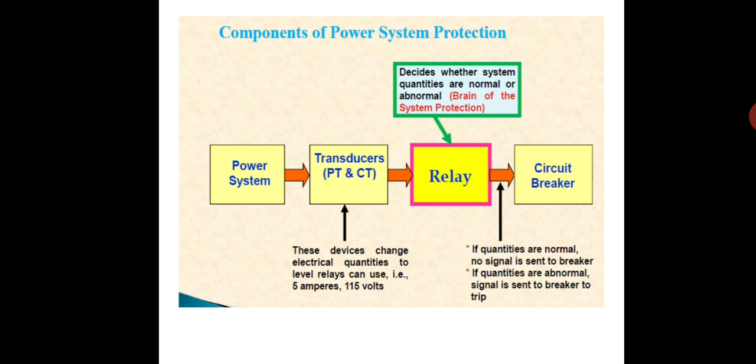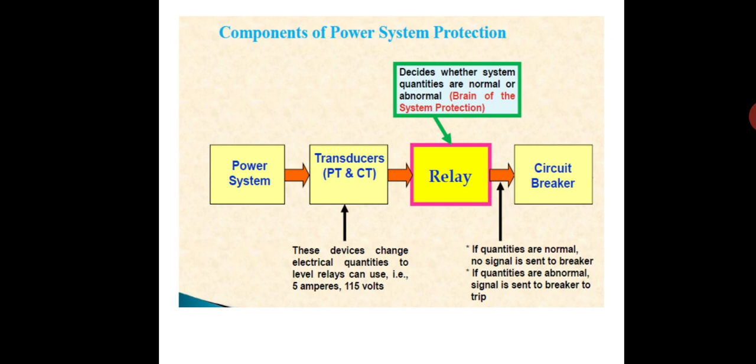Now for the relay to take a decision whether to act or not, it requires information: how much is the voltage, how much is the current, whether the current is more than normal. If there is a fault, current will exceed its normal value, and voltage may also go beyond normal.